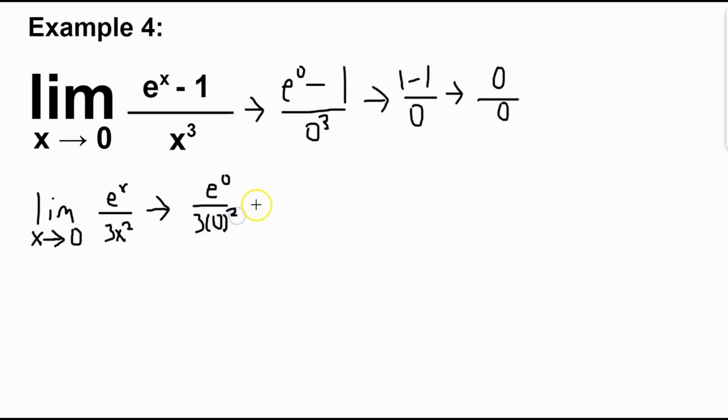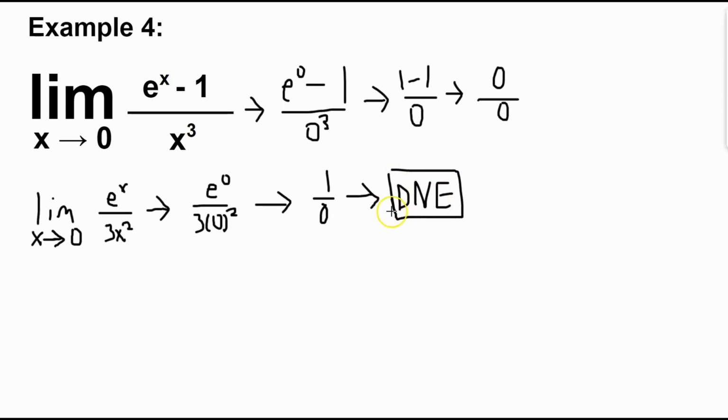Well, the denominator is going to be 0, and the numerator is going to be 1. And you might be looking at this expression and think, is that another indeterminate form? The answer is no. When you have a number other than 0 over 0, that just simply means that the limit does not exist. So DNE. And that would be our final answer.